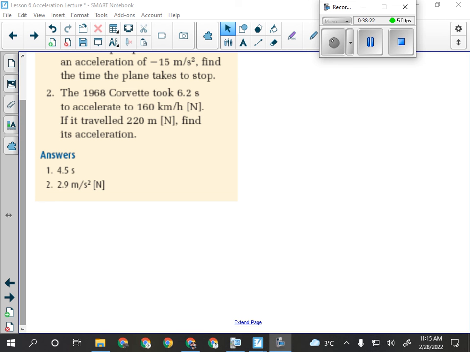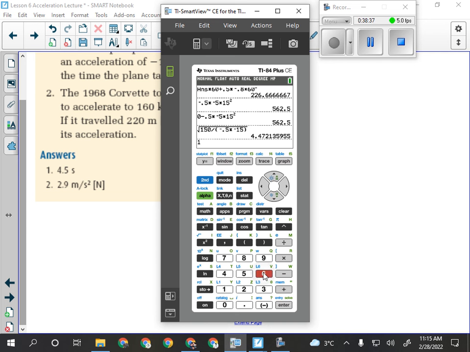But the 1968 Corvette took 6.2 seconds to accelerate to 160 kilometers per hour. Now I need that in meters per second, and that's the final velocity, so I have to divide that by 3.6.